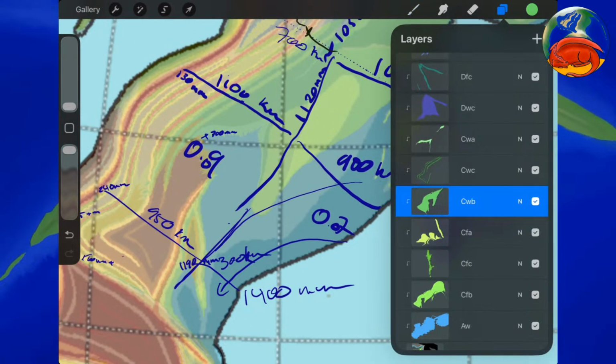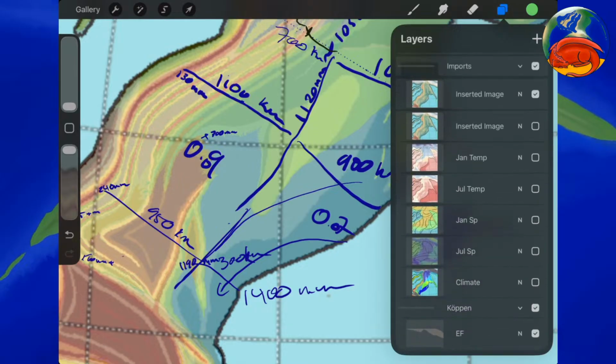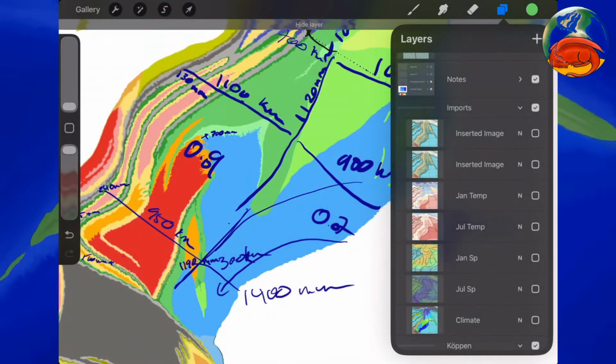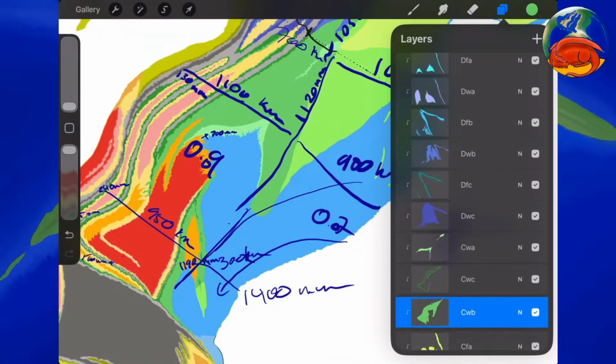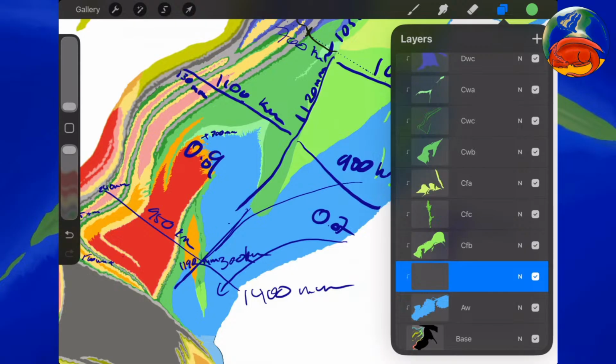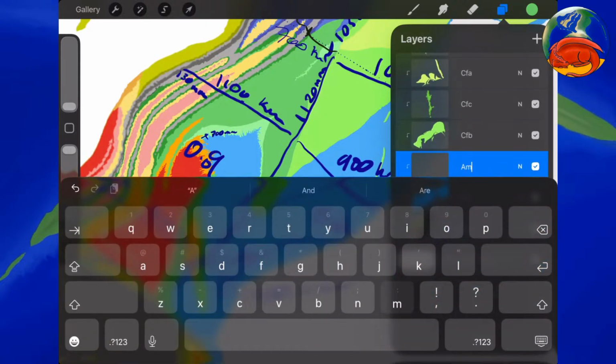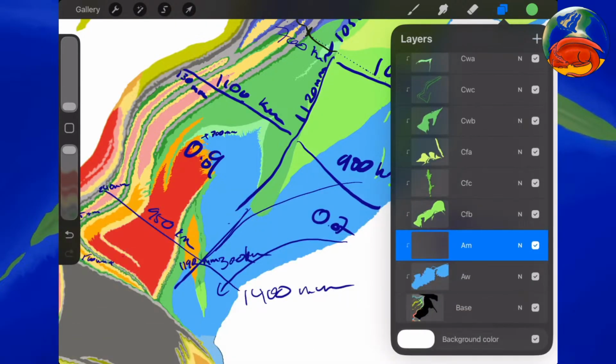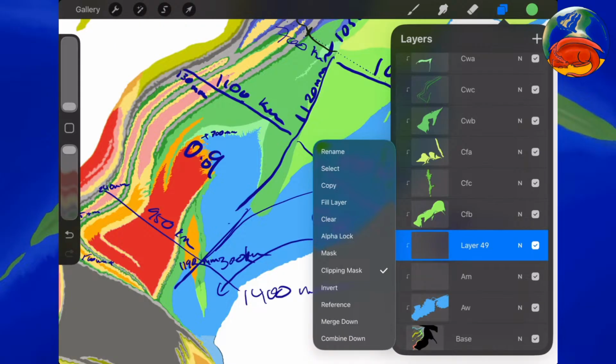And there are going to be some easy things that we can work out for the A climates right off the bat. All right, we're going to make an AM layer. And we're going to make an AF layer.